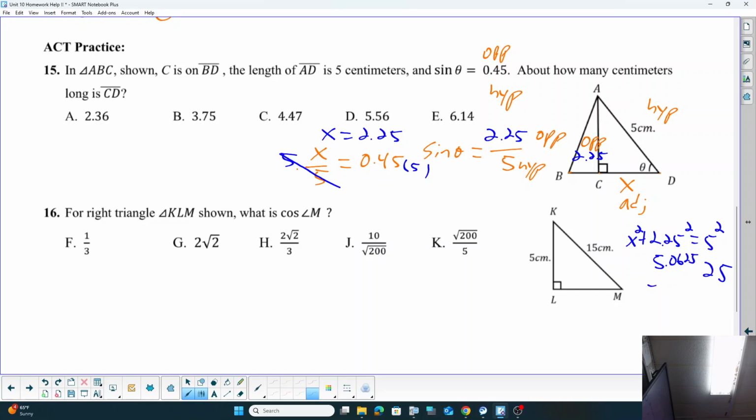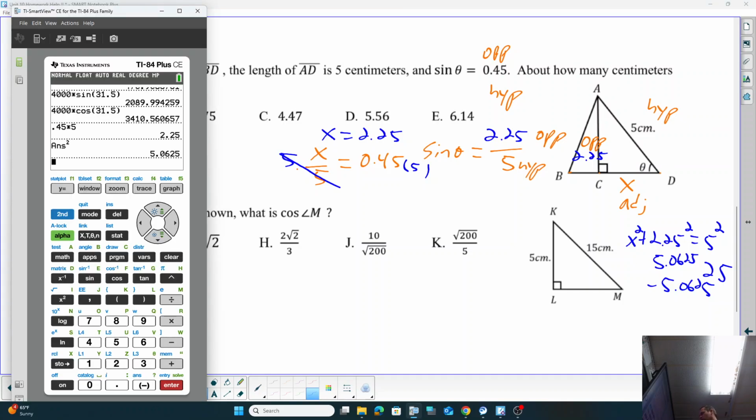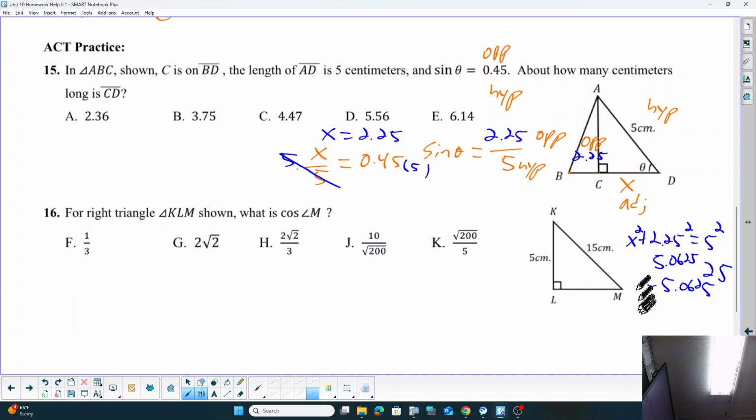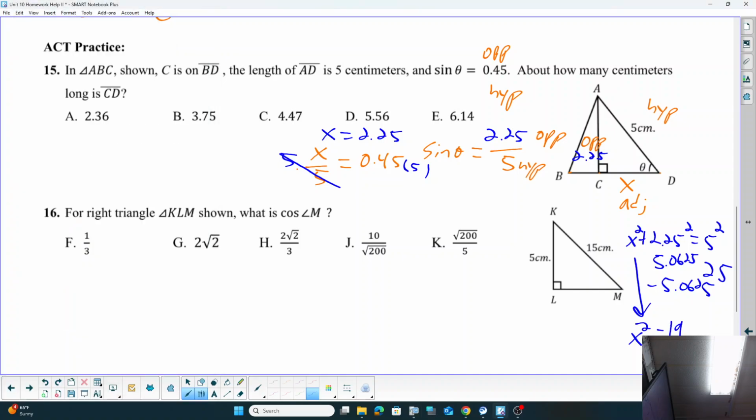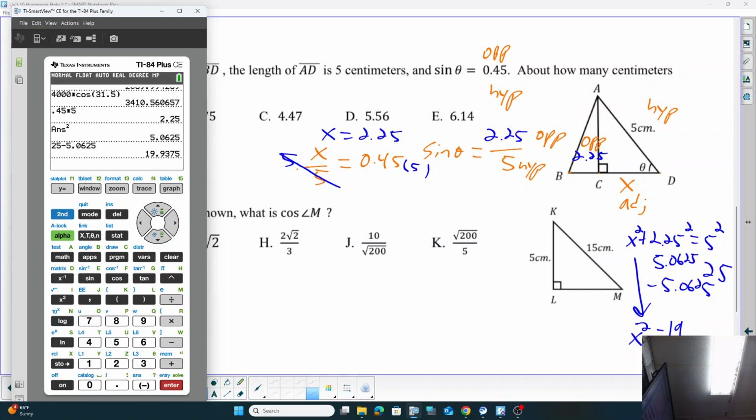So we go 25 minus 5.0625. Nice. And that's what x squared equals: 19.9375.